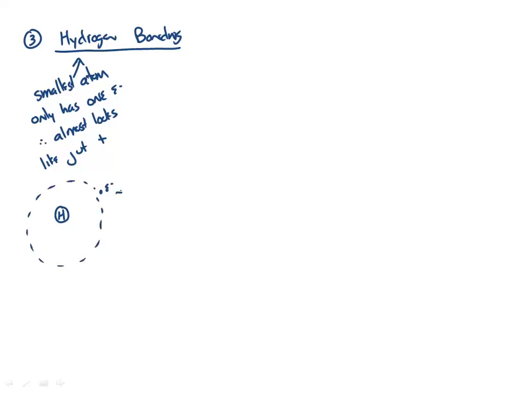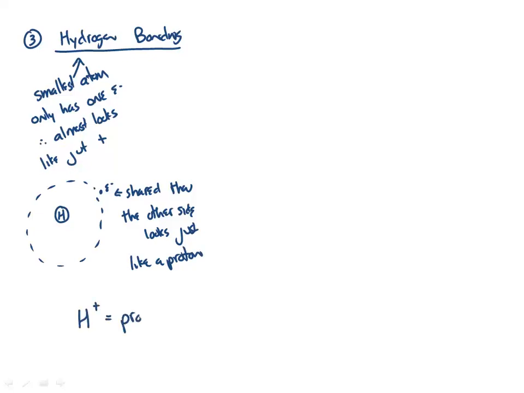And if that electron is shared, then the other side of the molecule looks just like a proton. In fact, if we take a look at H+, that sometimes is called a proton, because it really is. If it's missing the electron, the H+ is really a proton. Looks just like a proton. So if that electron is shared or missing, then.